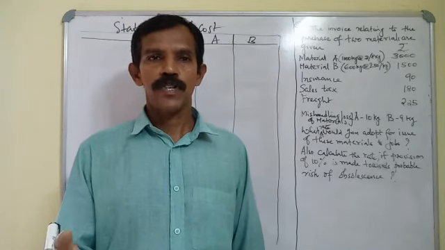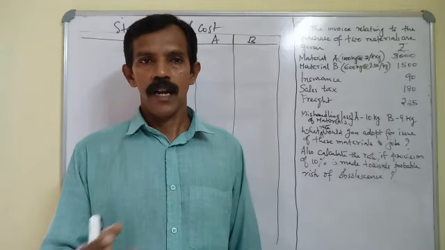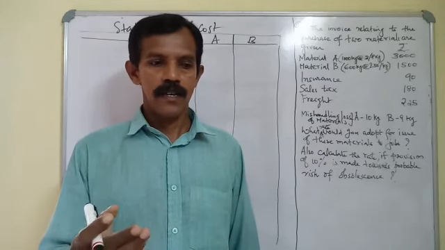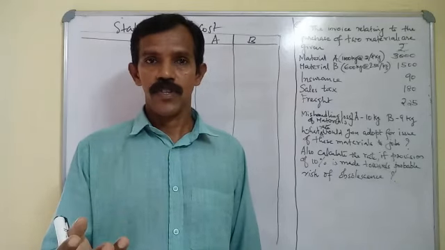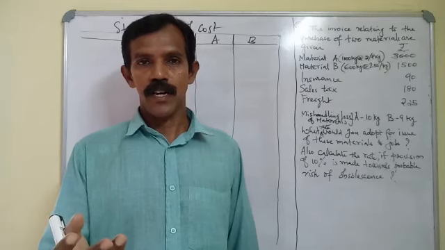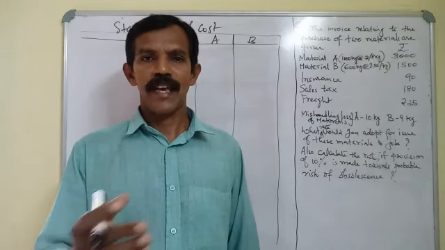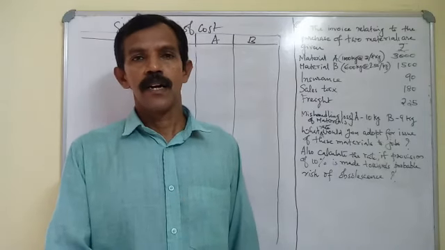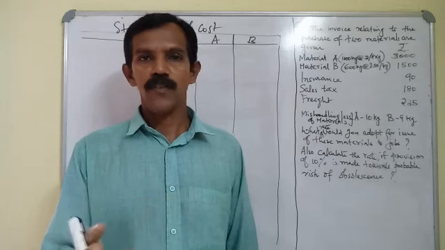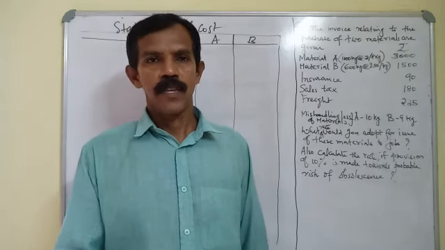To that amount, we add different expenses like sales tax, customs duty, insurance, transportation charges, cost of container, etc., related to the purchase of that material. In this way, we can find out the cost of material purchased.